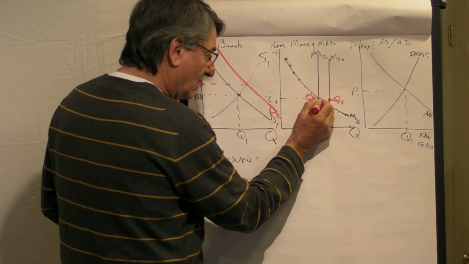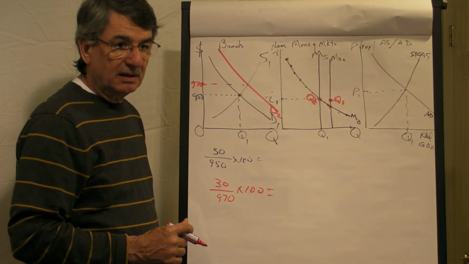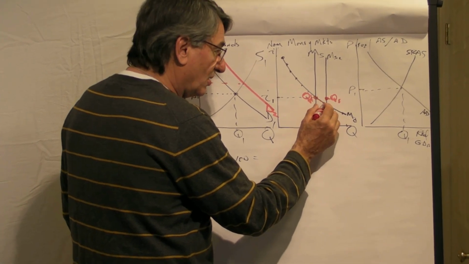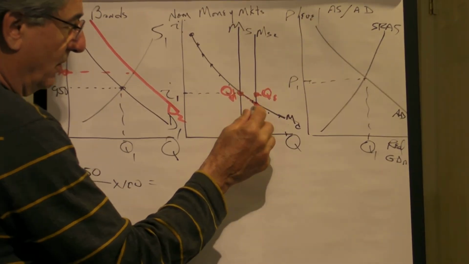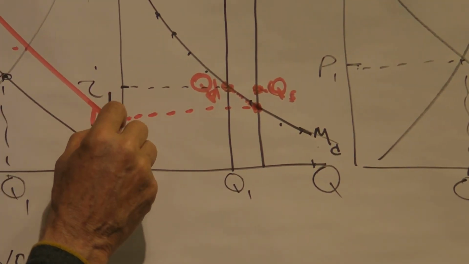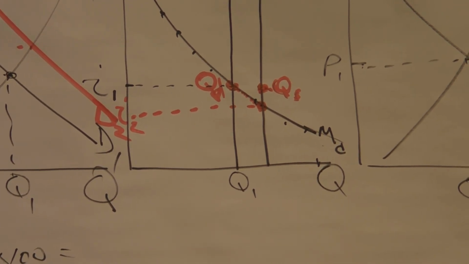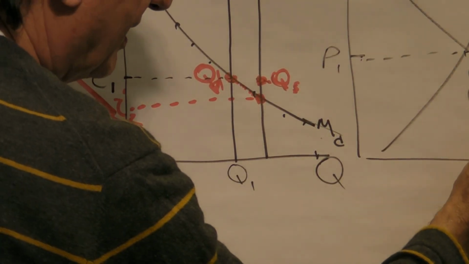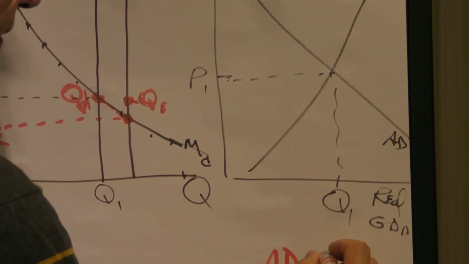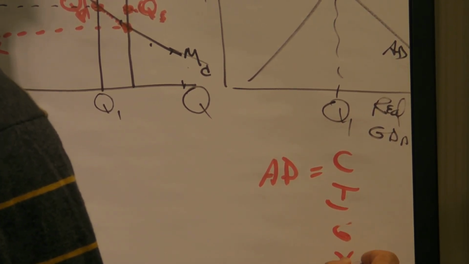As interest rates go down, people are content to hold more money. And the interest rates will continue to go down until we get a new equilibrium in the money markets at a lower interest rate. Now, when the interest rates go down, we move over here to aggregate demand, and you'll recall that aggregate demand has 4 components in it: consumption, investment, government, and net exports.